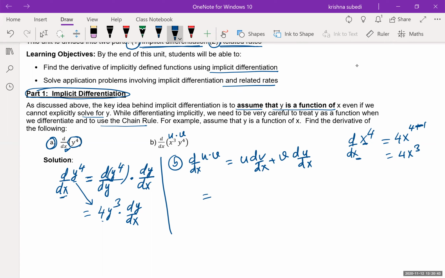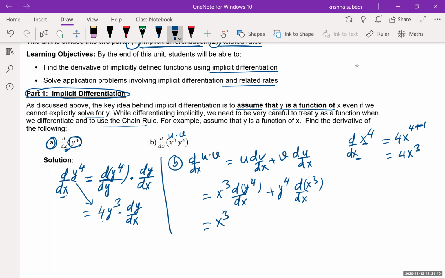So u means x cubed, and v is y raised to power 4, so dv over dx, plus, let me copy v, which is y raised to power 4, and du over dx is d x cubed over dx.